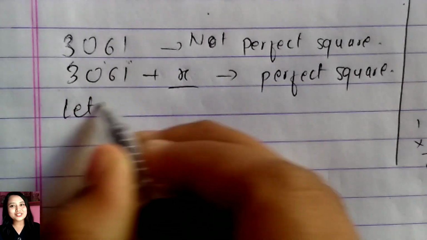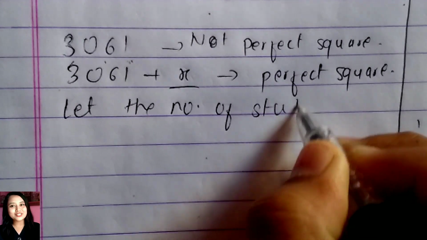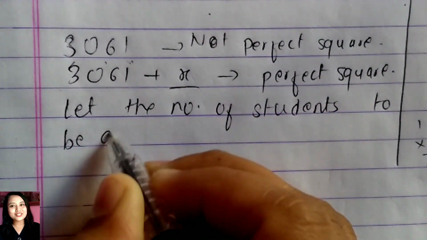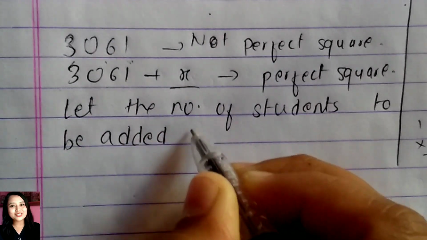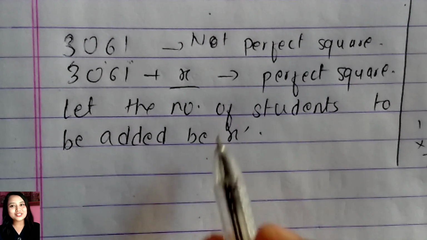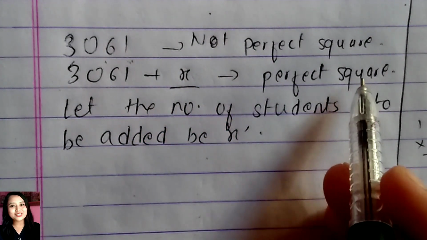Now we have to add only x number of students to make a perfect square, right?